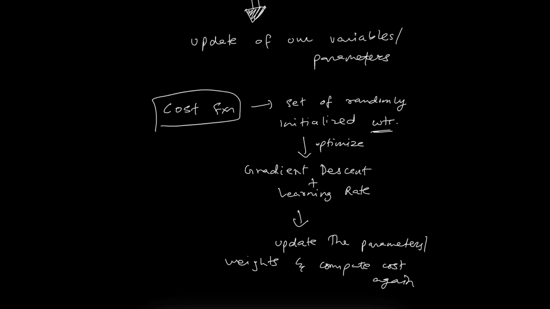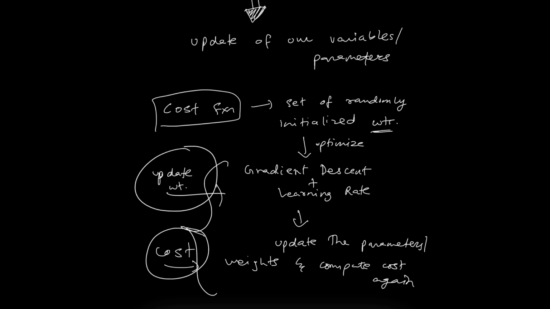And basically we keep doing this part, which is basically compute the cost, and this part where we update or optimize the weight. At a given point, we keep doing both of these steps till we are satisfied with the result of our model, which is basically till we are satisfied with the predictions it's making.